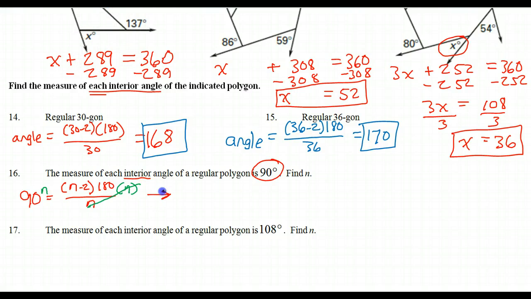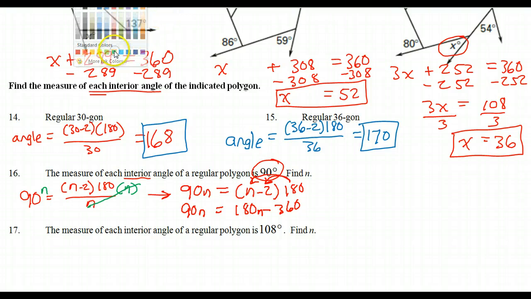Now that's going to give me 90n is equal to n minus 2 times 180. I could go ahead and do the distributive property, so that's going to give me 90n is equal to 180n minus 360.